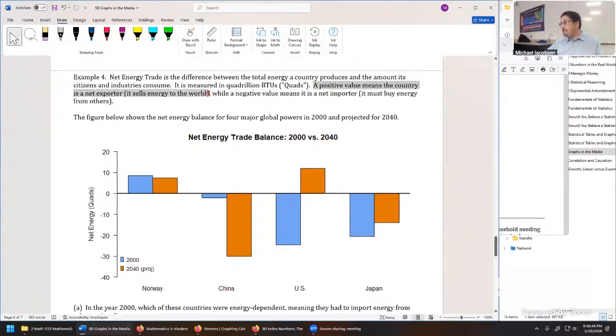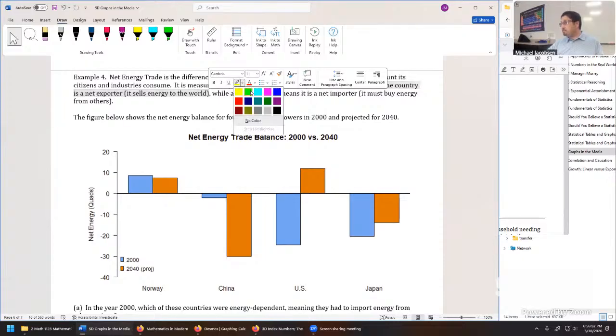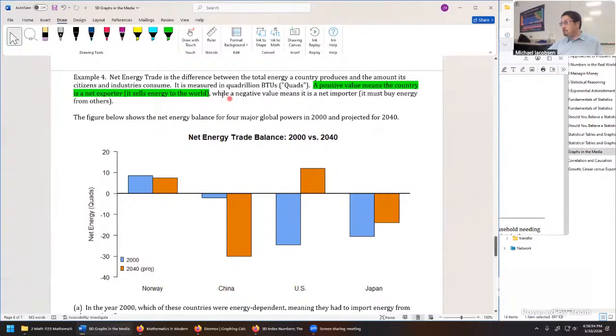Let's highlight this to keep the directionalities together. The positive green will do the job. If it's negative, meaning the bar is below this horizontal axis we see here, negative means it's a net importer. It means that together, the citizens and industries in that country are using way more power than they actually produce.